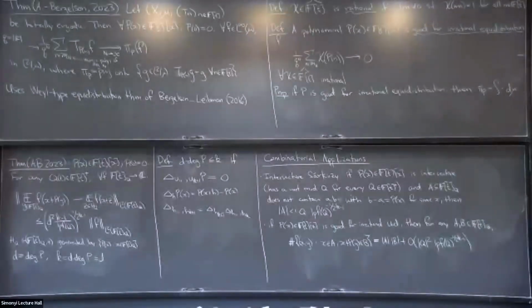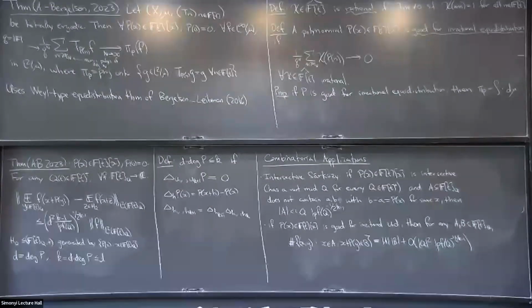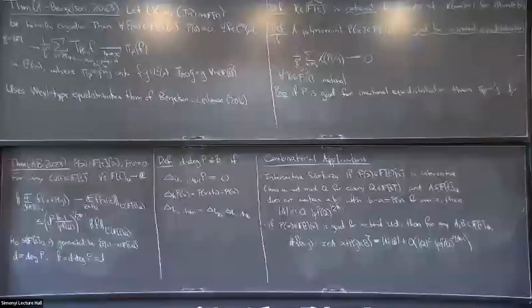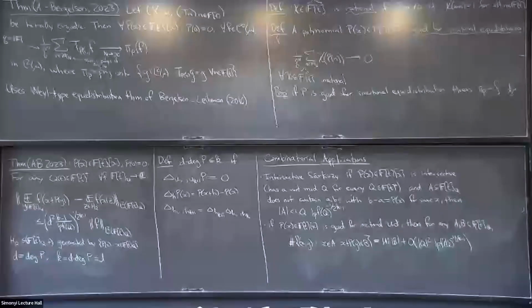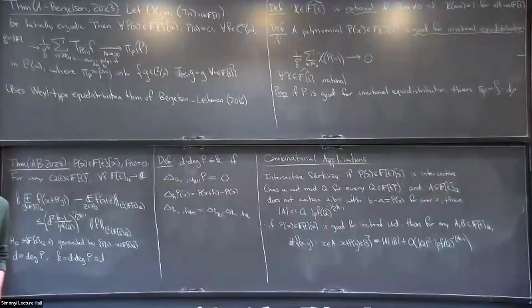If you have a small enough number of functions relative to the number of variables, you can just Cauchy-Schwarz and assume independence. Yeah, and they're sufficiently independent. But then if you have like 10 different polynomials and 2 variables, even if they're independent, I don't know how to do it.